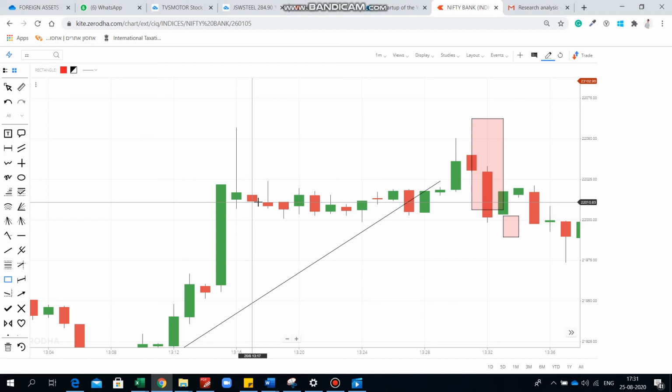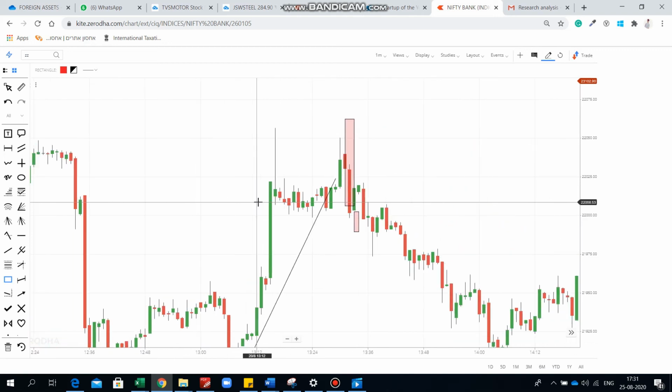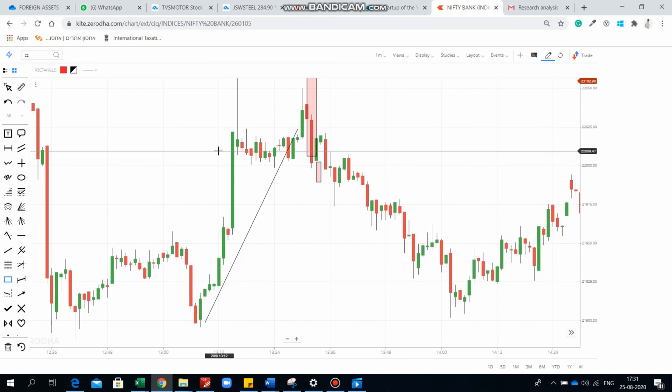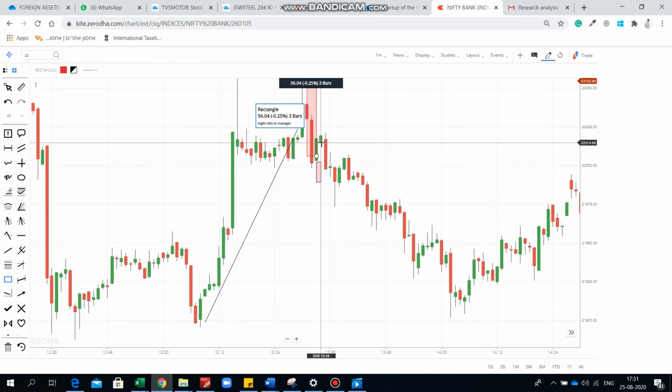These things are already available on YouTube, but telling you when you can trade and enter using this candlestick, I don't know whether that is available on YouTube or not, but yes, you can trade based on candlesticks as well.